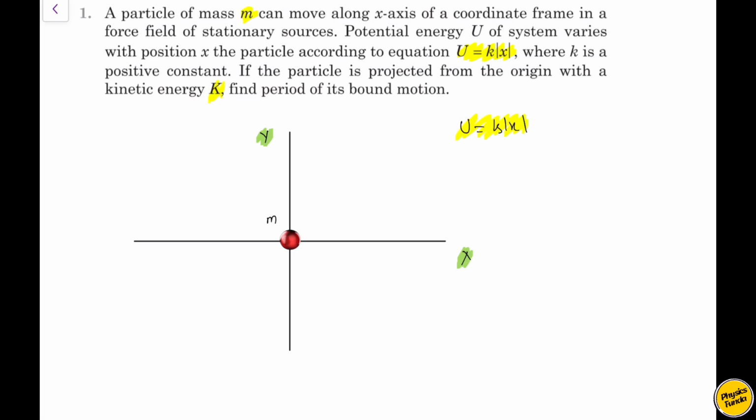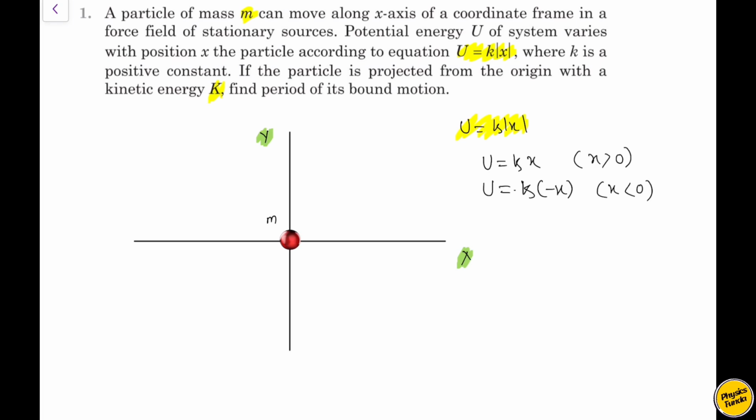If you see, the potential energy of the particle is U equals k times mod x. If I remove this mod, this can be written as U equals k times x, right? If x is greater than 0, that means my potential energy of the particle in the positive x-axis is kx, and U equals k times minus x if my x value is less than 0.